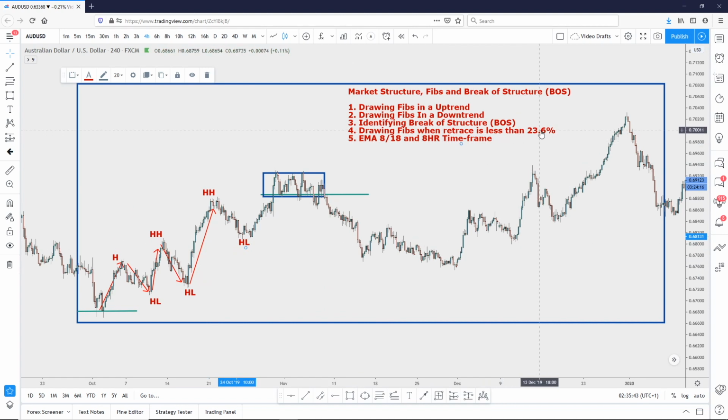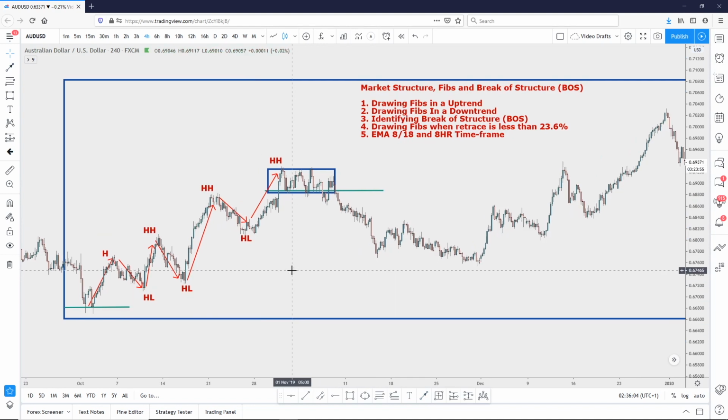So when we talk about market structure, it's just identifying that the market is moving in this way. I want you to be aware that there is some form of pattern, and what Fibonacci does is actually measure the retracement. That's why it's called Fibonacci Retracement. Fibonacci is a mathematician.